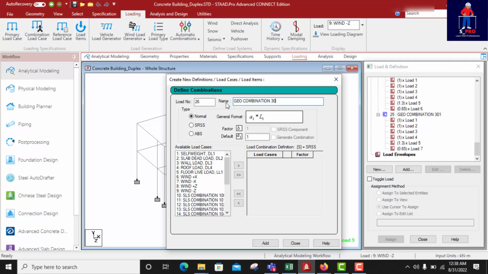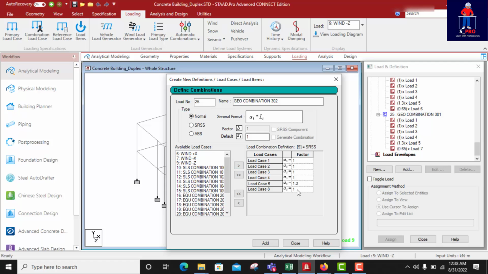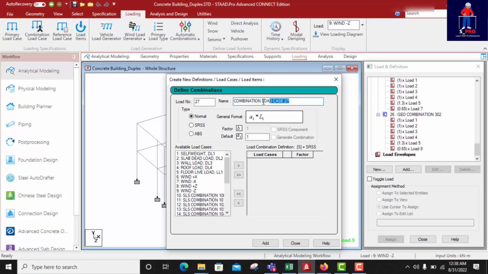Combination 302. All dead load 1, live load 1.3, 0.65. Combination 303.